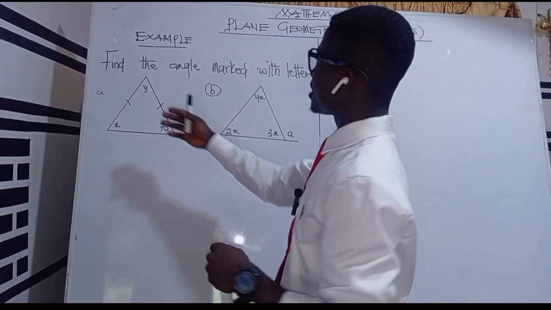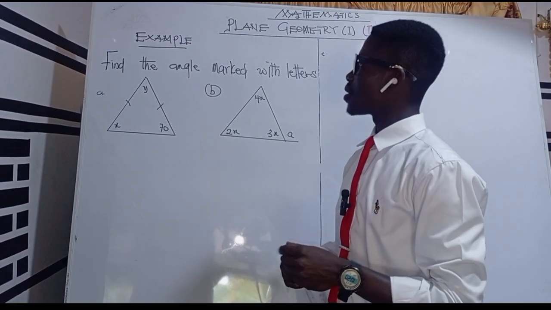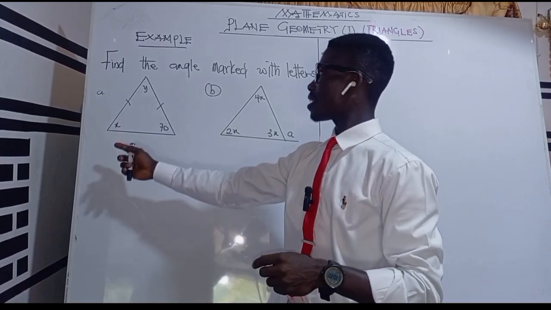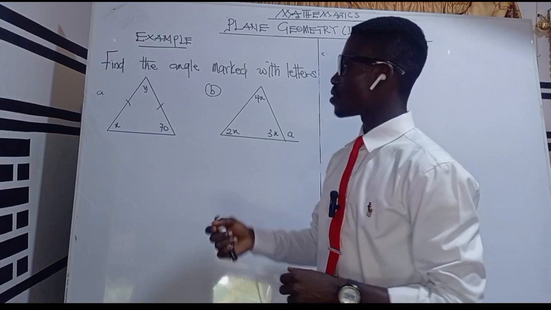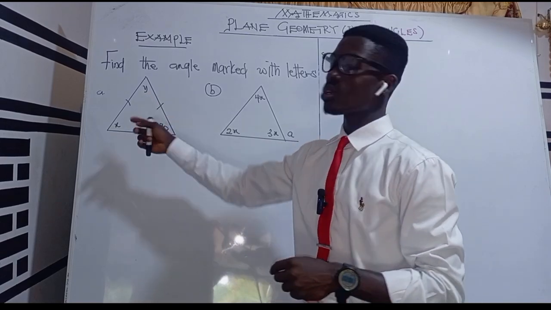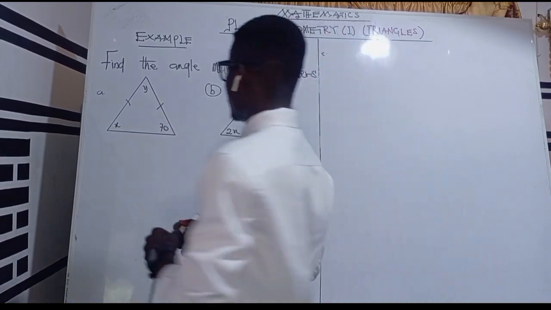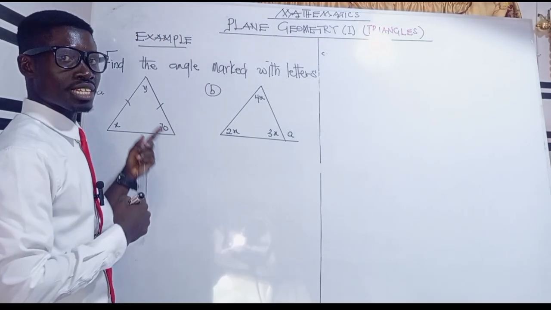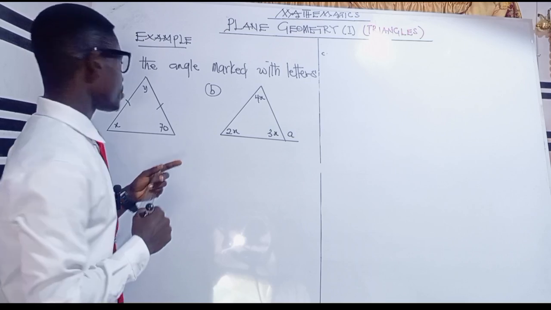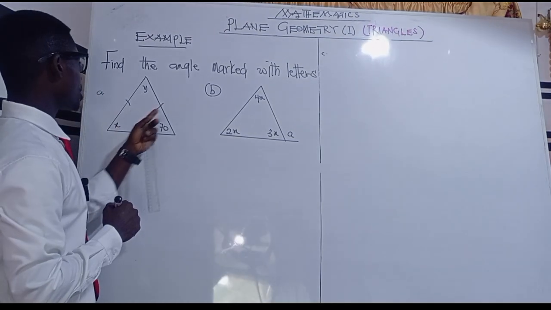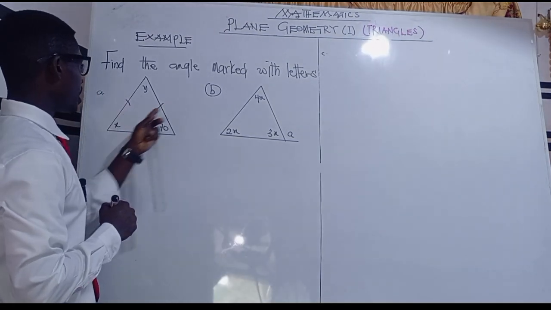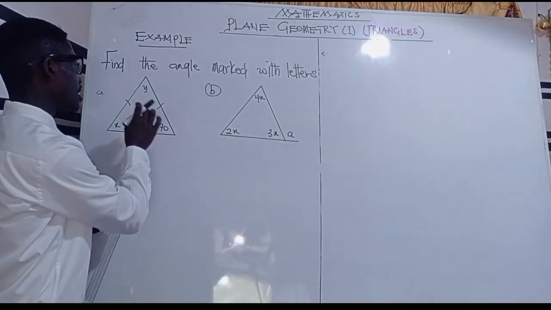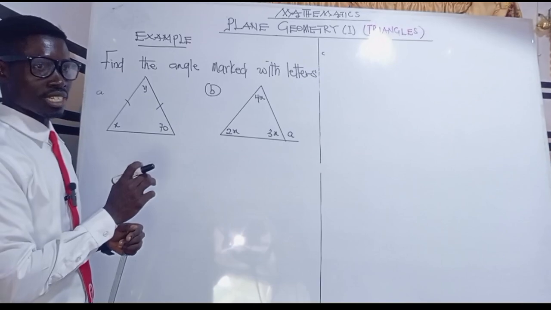So these are our examples. We have to find the angle marked with letters. So we have our y and then x. We are going to find the value of this unknown angle. So looking at this very triangle, what type of triangle do you think it is? Realize that we have two strokes of lines here, and this indicates that this triangle is an isosceles triangle.